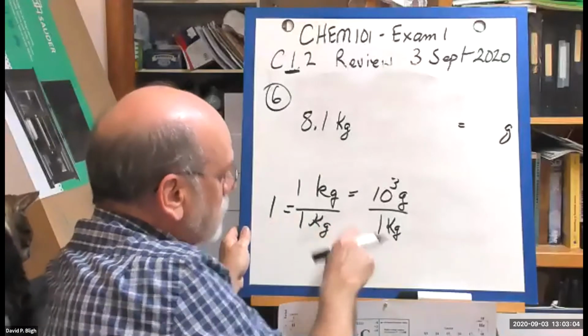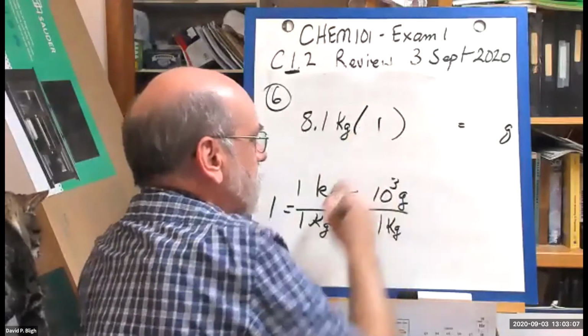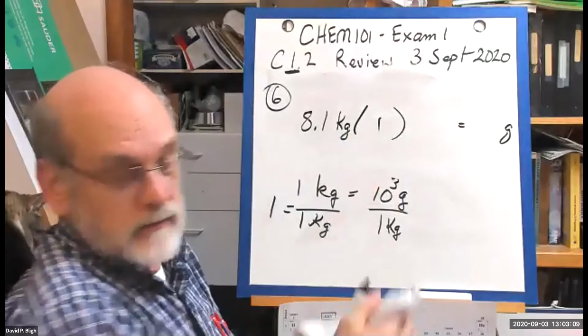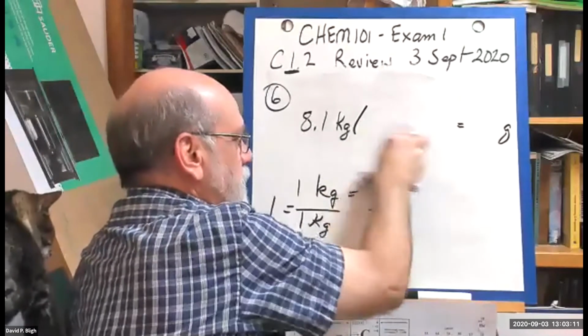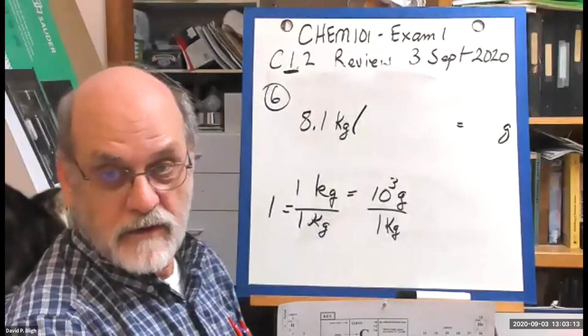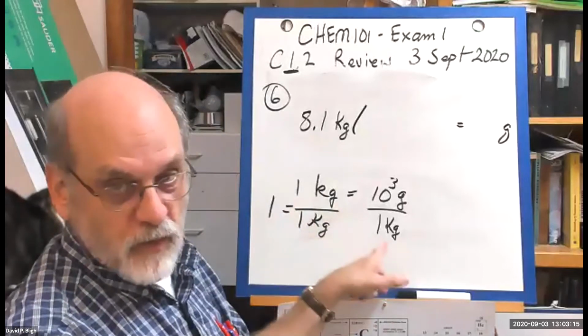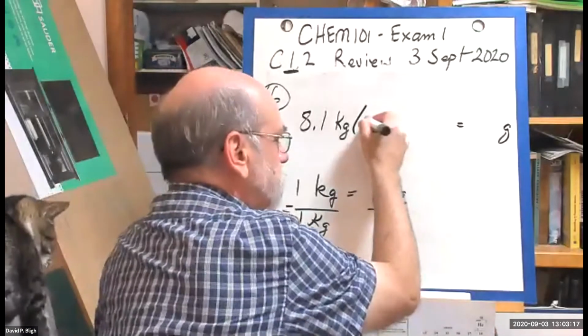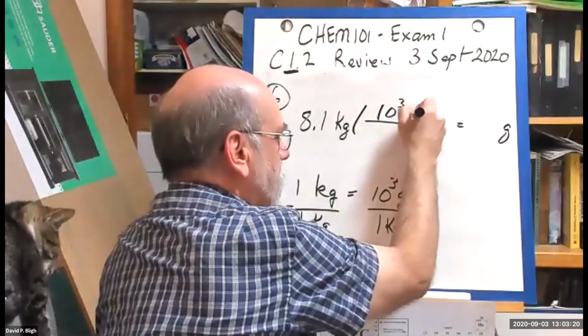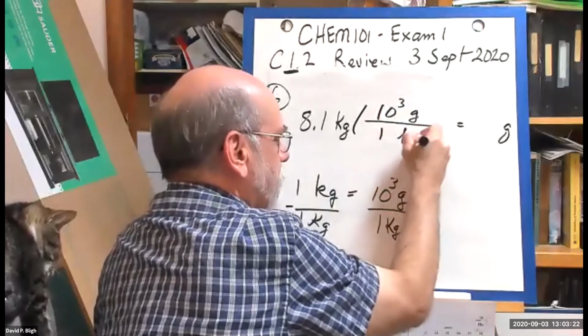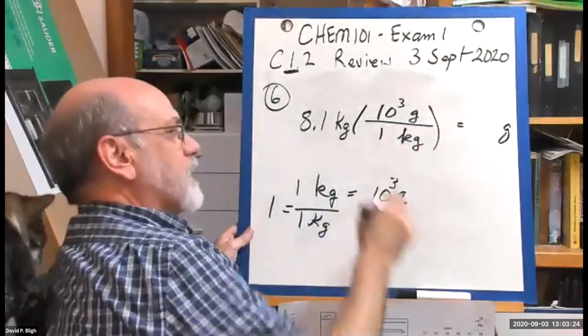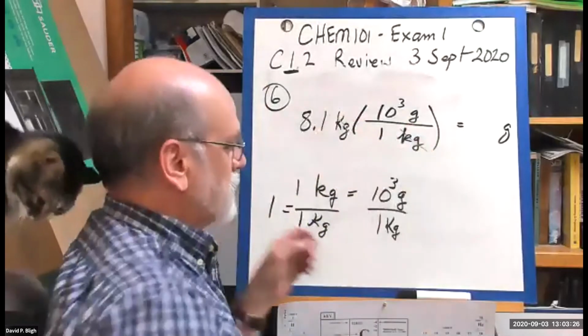So this is equal to 1. We can multiply this times 1, no problem, but that won't get us where we need to go. So we're going to use the equivalent of number 1 that is this one. Now we're talking. Kilograms cancel.